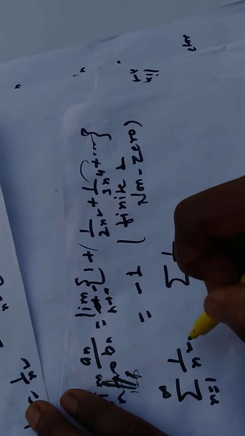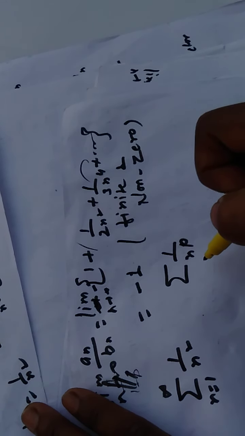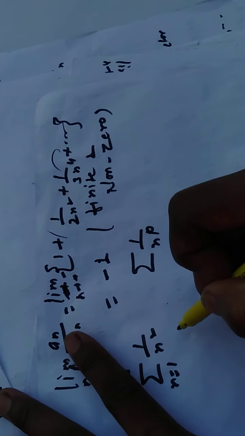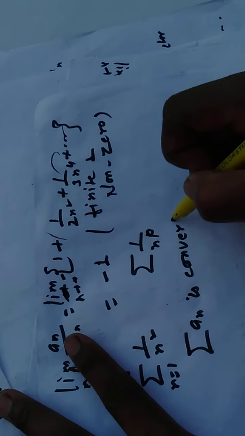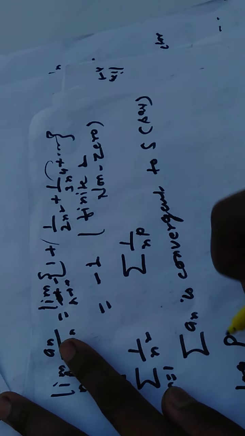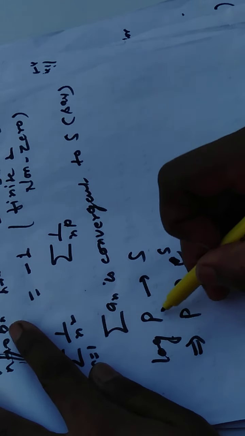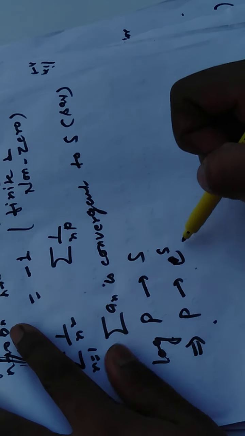Here p is 2, which is greater than 1, so this series is convergent, and therefore the series summation an is convergent, say to S. So log of P converges to S, which implies P converges to exponential S. Log of P means the logarithm of the product converges to S, then P converges to exponential S.